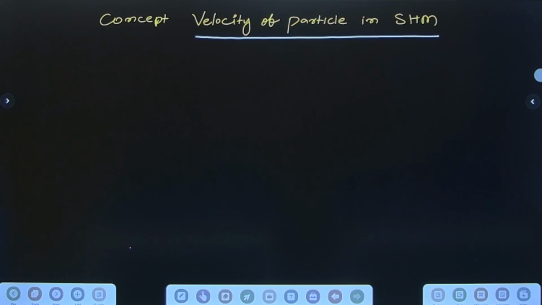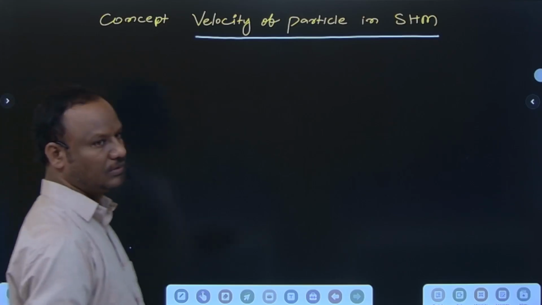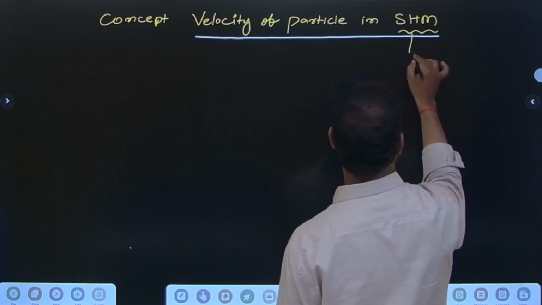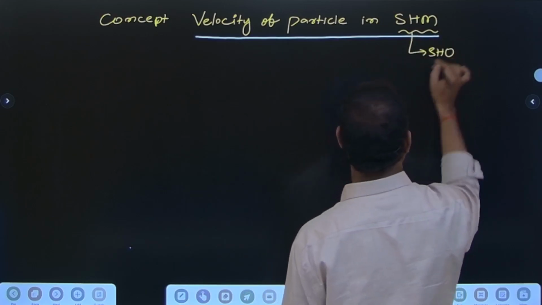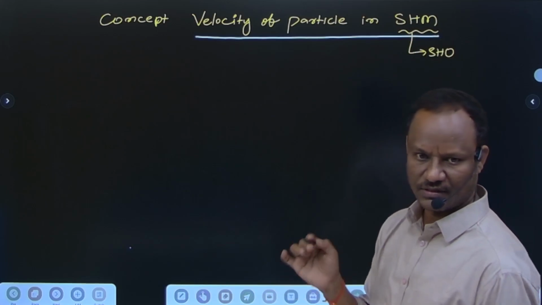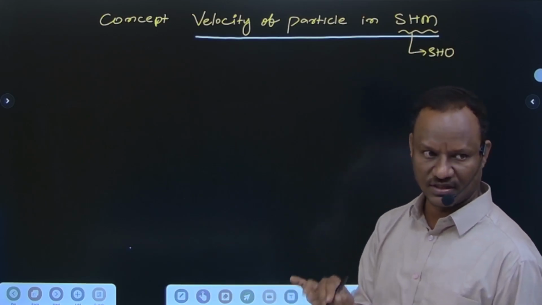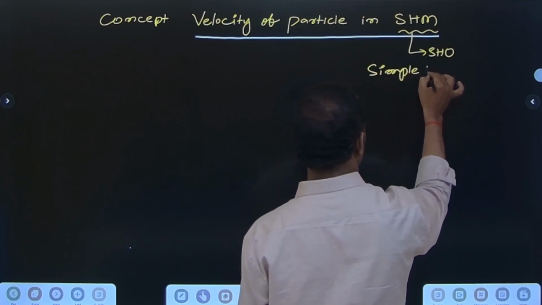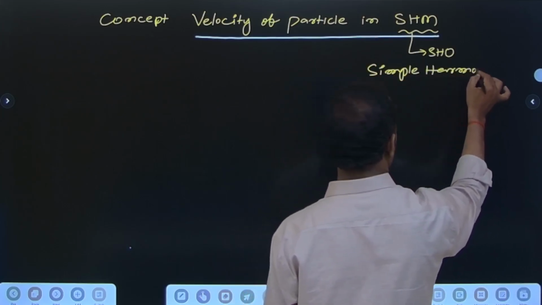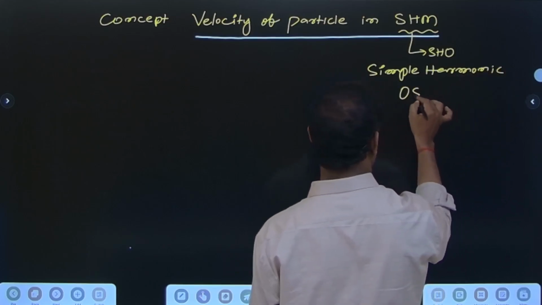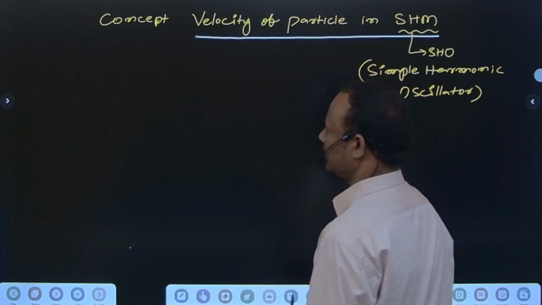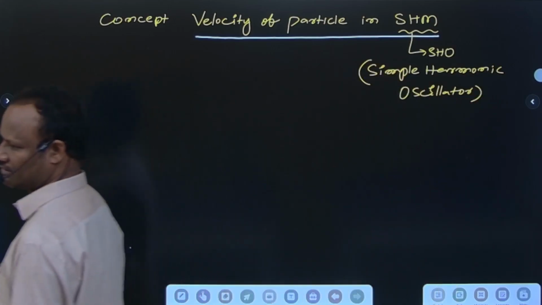So you are doing the second model, the velocity of a particle in SHM. If you say SHO, SHO stands for simple harmonic oscillator. Simple harmonic oscillator is the concept from this.